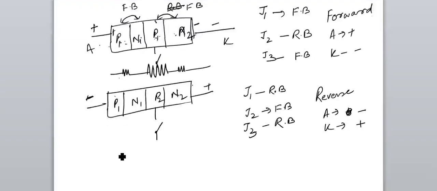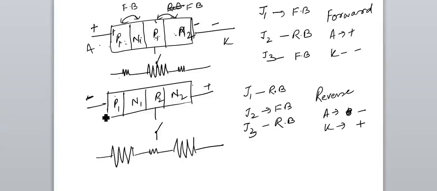Similarly, in the reverse state, J1 will provide very high resistance, J2 will provide very small, and J3 will again provide very high. So this is J1, J2 and J3.